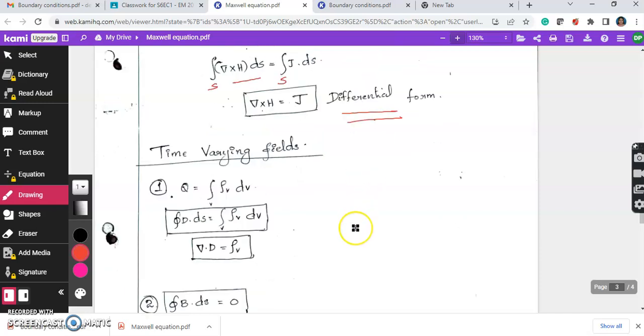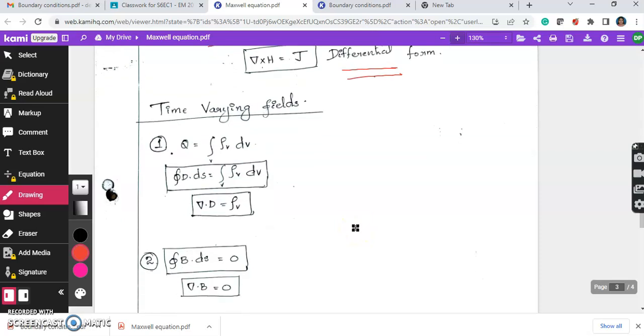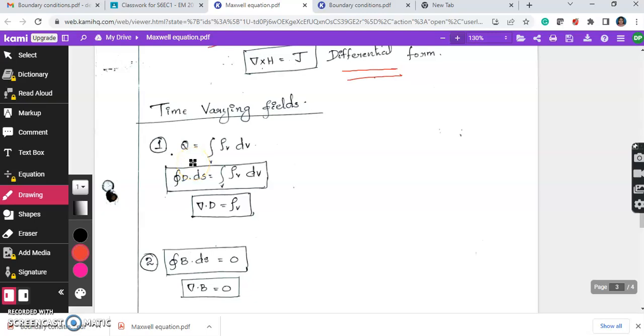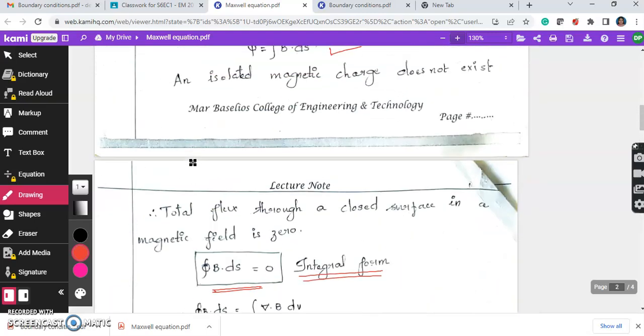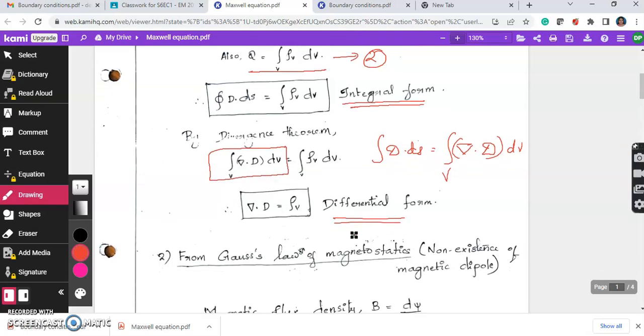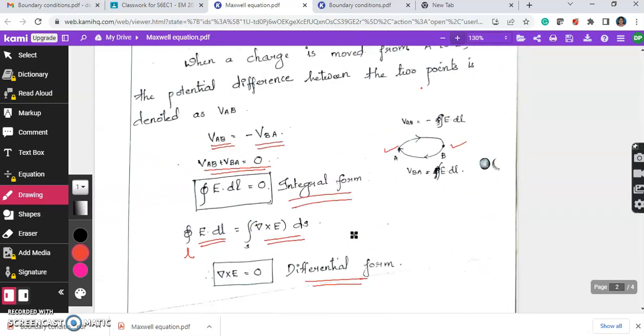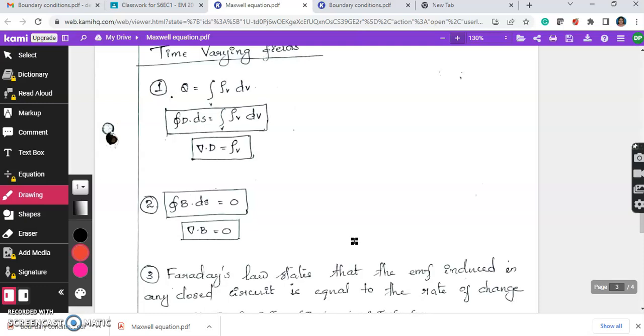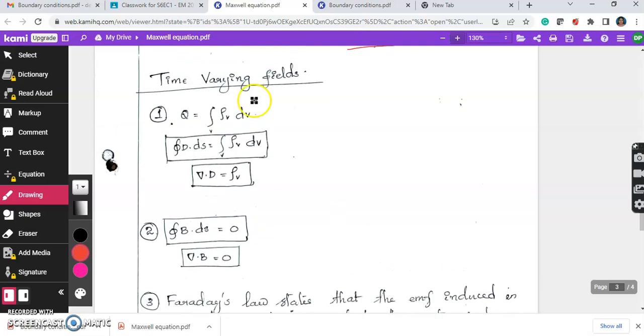Now if we are moving towards the time varying field, what is happening is, we can say that for the first law we have proved del dot D is equal to rho V, that is the differential form, and surface integral D dot ds is equal to volume integral rho V dV, that is the integral form. So in the time varying field we can consider the same thing.